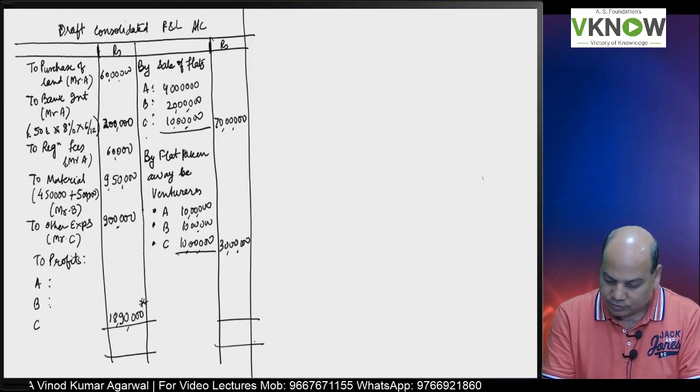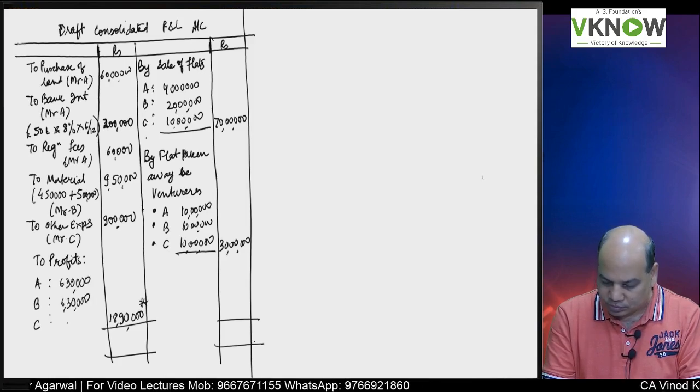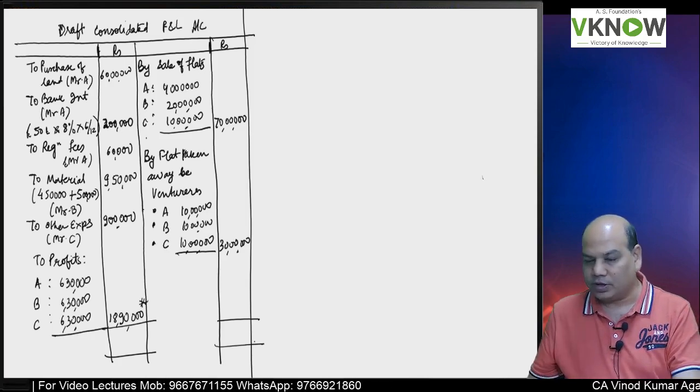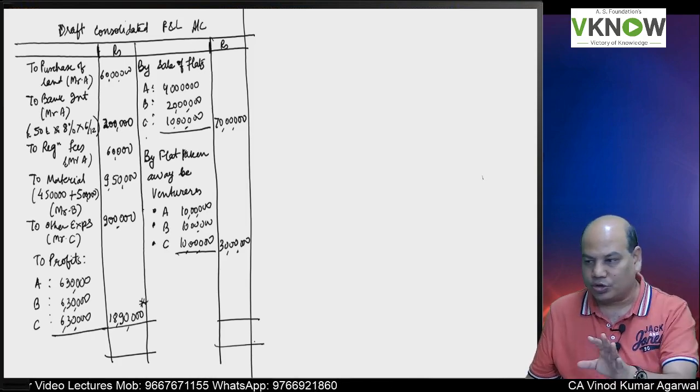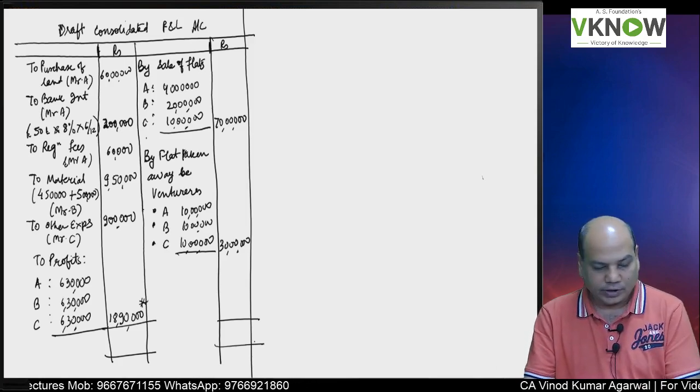So each venturer is entitled to 6,30,000 rupees of profit. Very simple. Just read the problem, post it in the draft P&L account. So that is my first answer.